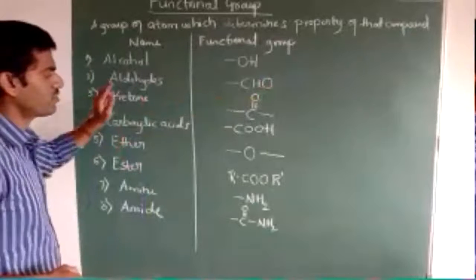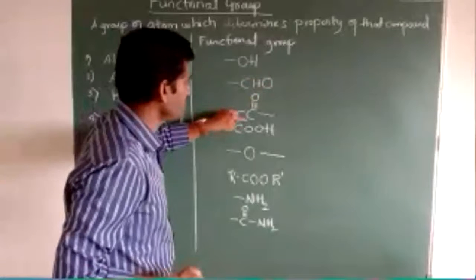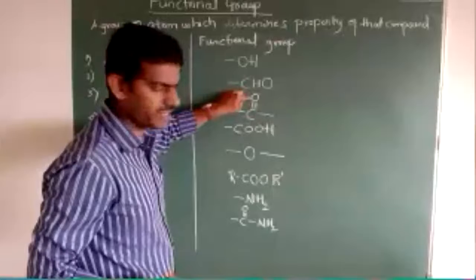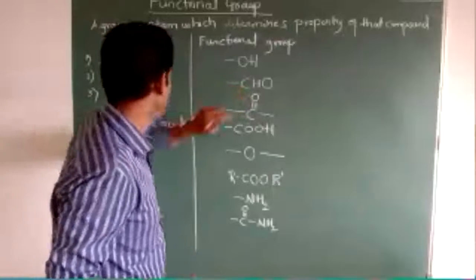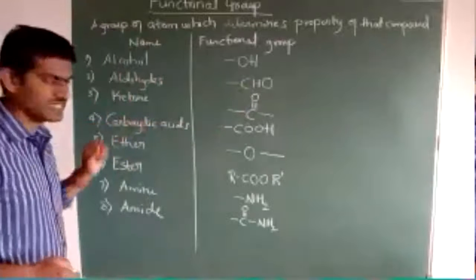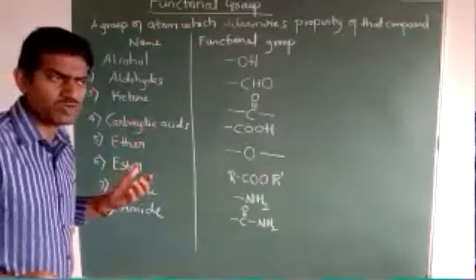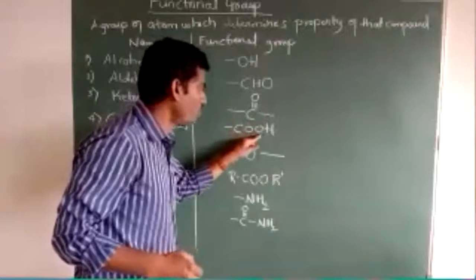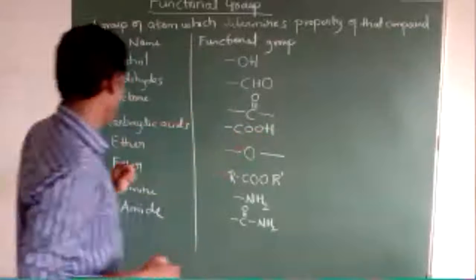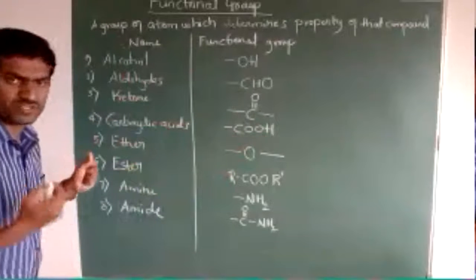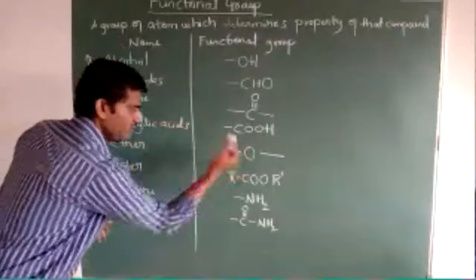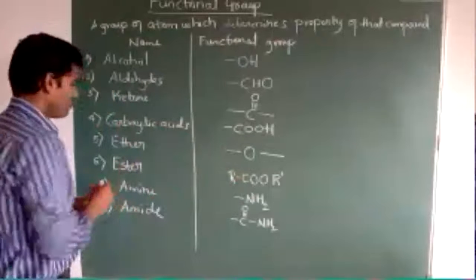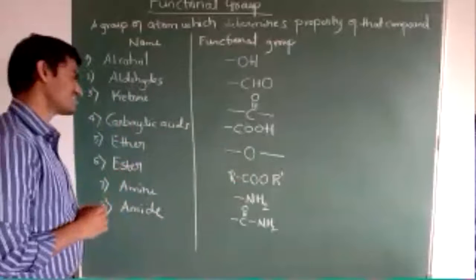For ketone, it is CO. For carboxylic acids, it is COOH. For ether, it is only O.